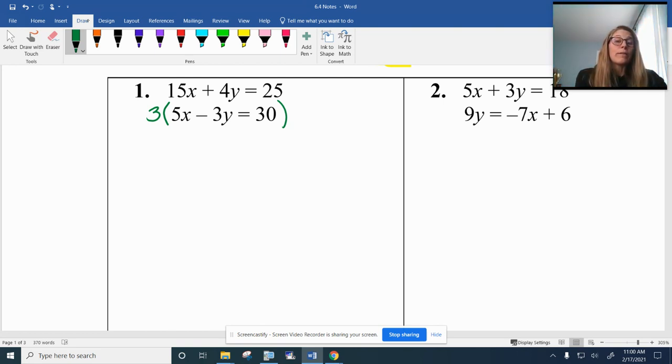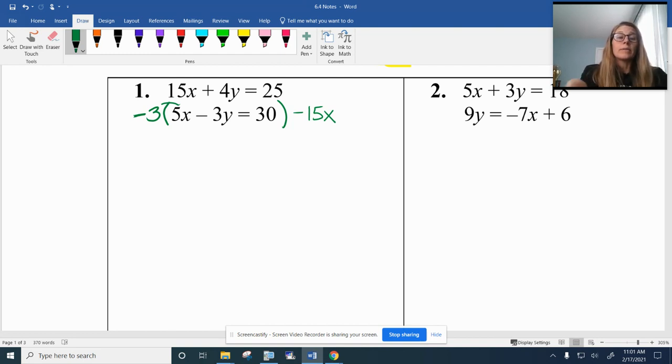Now that's good. However, in addition to the numbers being the same, having the same coefficient as far as the value is concerned, we want one to be negative and one to be positive so that they can cancel out. So I have to actually distribute a negative 3 to my second equation so that I can get a negative 15 when I distribute, and that will get the two x's to cancel.